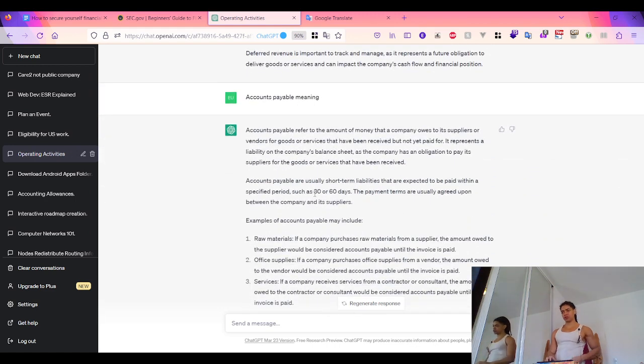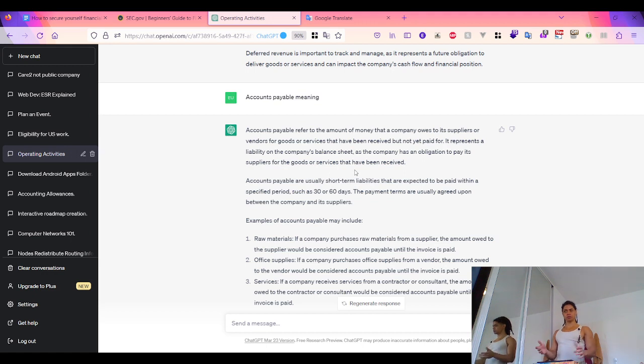Accounts payable are usually short-term liabilities expected to be paid within specified periods, such as 30 to 60 days. The payment terms are usually agreed upon between the company and its supplier. From a company perspective, accounts payable refers to the amount of money that a company owes to suppliers or vendors for goods or services that have been received but not yet paid for.